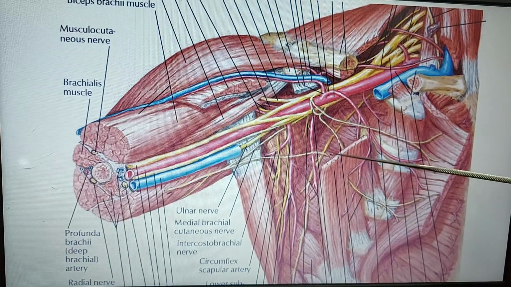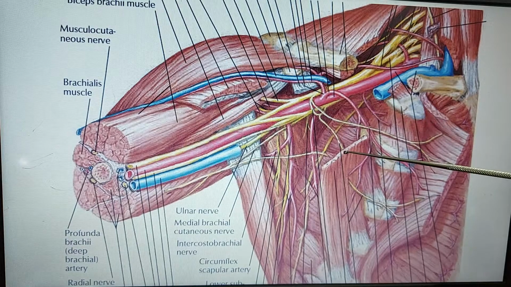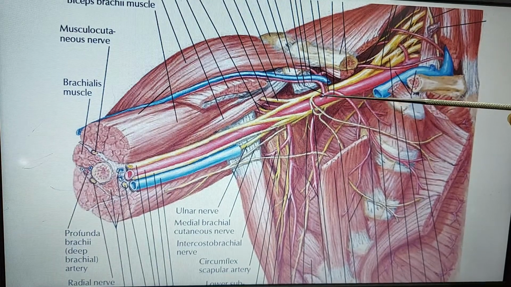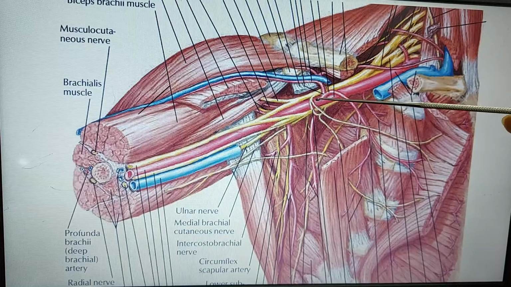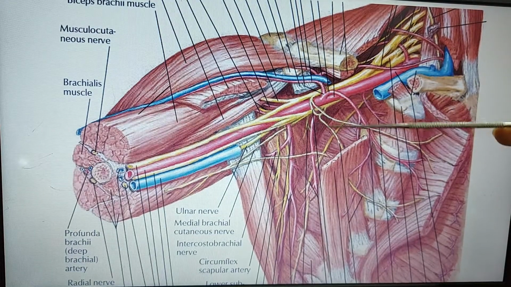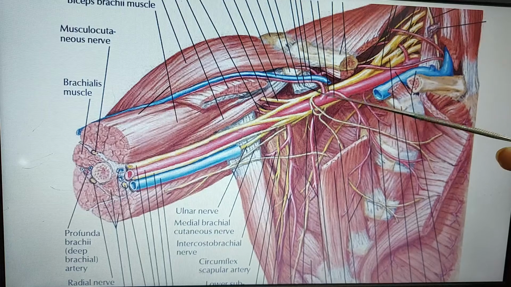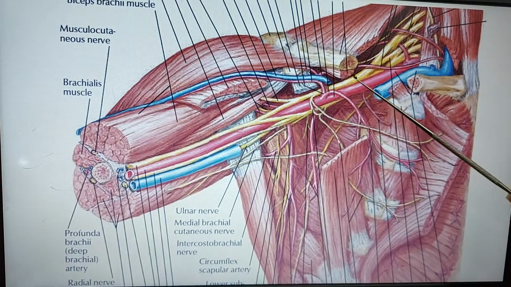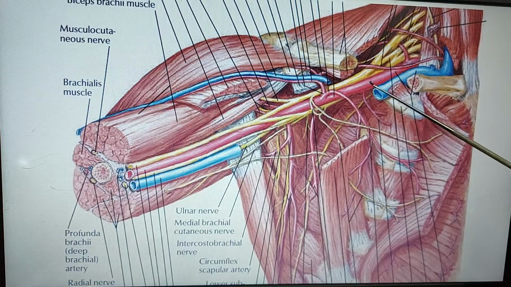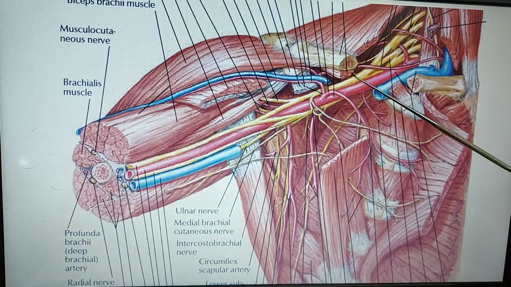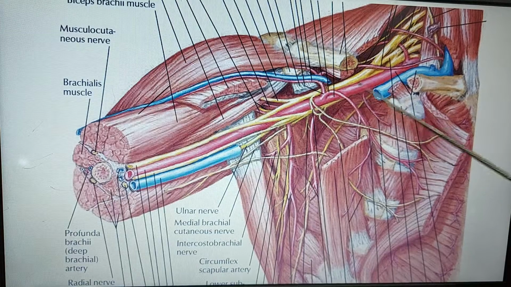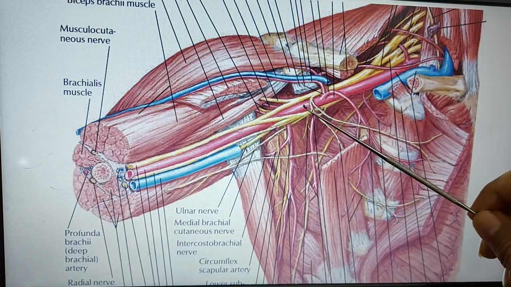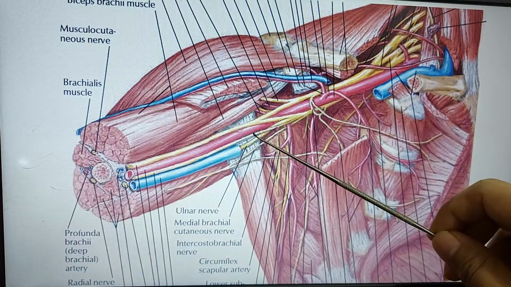From here the muscle originates, that is known as the pectoralis minor muscle. This pectoralis minor muscle divides this axillary artery into the first part, second part, and third part. The part that is underneath the pectoralis minor muscle is known as the second part. From here up to this is the first part, from here up to this is the second part, and from here up to this is the third part.